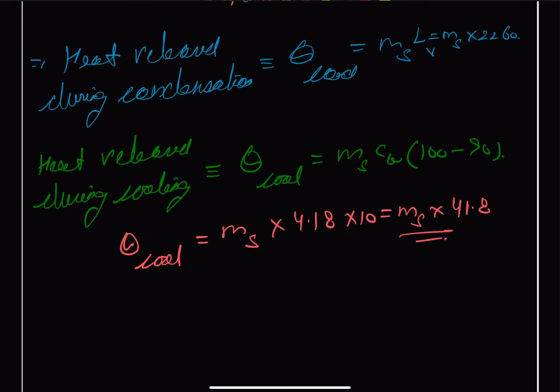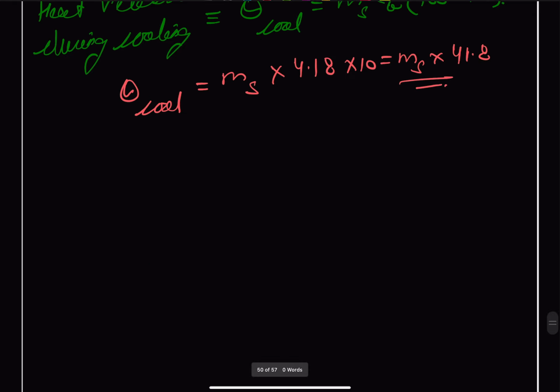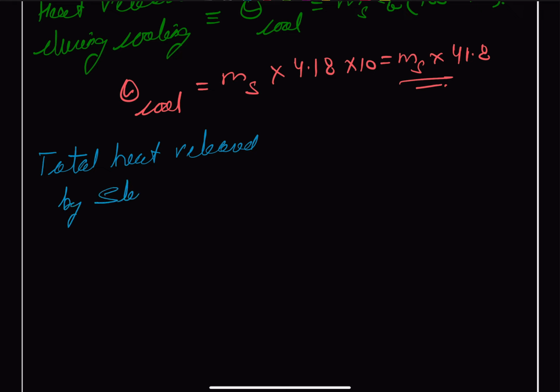So it means the total heat released by steam, that is QS, will be equal to Q condensation plus Q for the cooling.